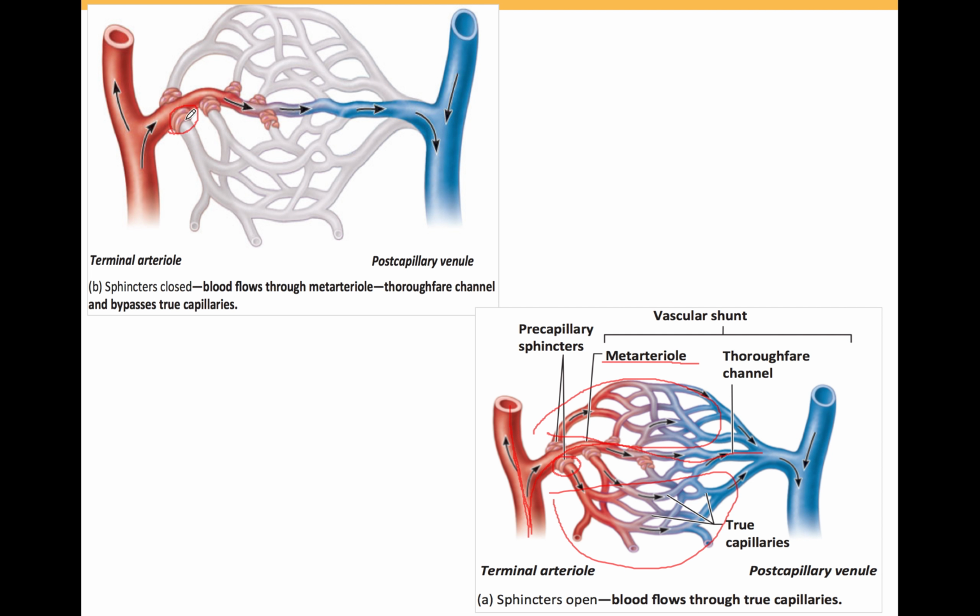So blood does not get passed through the capillary network that you have here. It's going to pass through the meta-arteriole and continue to become part of the vein, and this allows the blood to be diverted from this tissue and go to a tissue such as the skeletal muscle that is in dire need of more blood and more supply of oxygen and nutrients.